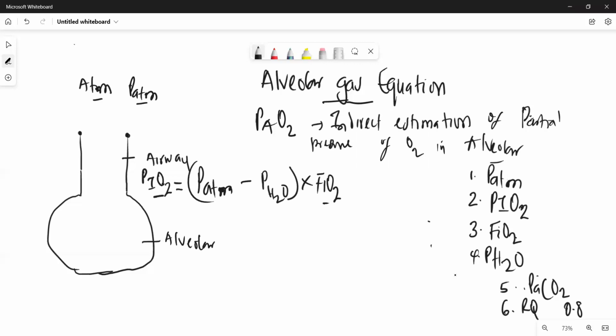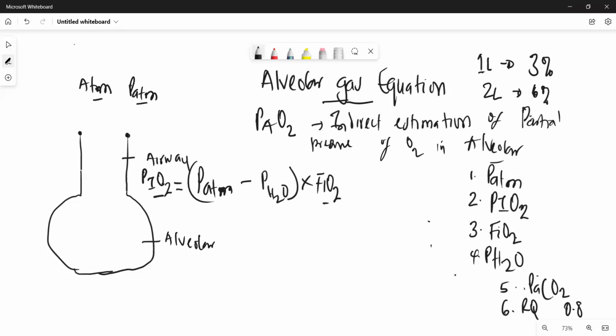And normally the FiO2 is usually 21%, and it can vary, especially if the patient is on oxygen. For every 1 liter of oxygen that you put the patient on, that will increase your FiO2 by approximately 3%. So if I put my patient on 2 liters of oxygen, the FiO2 will increase by 6%.